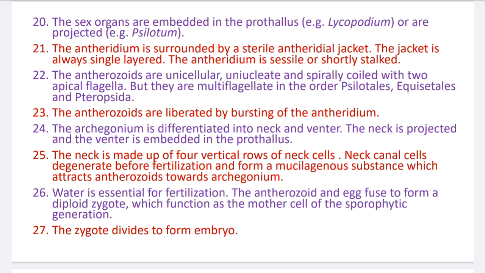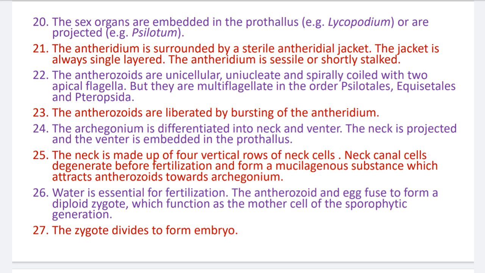Okay. Number 26. Water is essential for the fertilization. The antherozoid and egg fuse to form a diploid zygote, which functions as the mother cell of the sporophytic generation. When the sperm enters the archegonium, the sperm has the male nucleus and the egg has the female nucleus. Sperm is the motile structure and the egg is the non-motile structure.